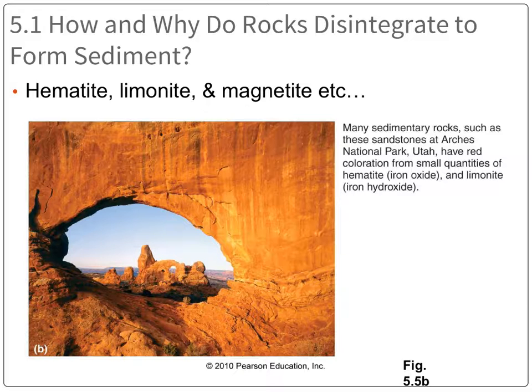And as I mentioned, this is an example of the sedimentary rocks in these areas being essentially colored by the hematite and limonite and related iron oxide compounds that are rusting those sedimentary layers, providing that kind of coloration.